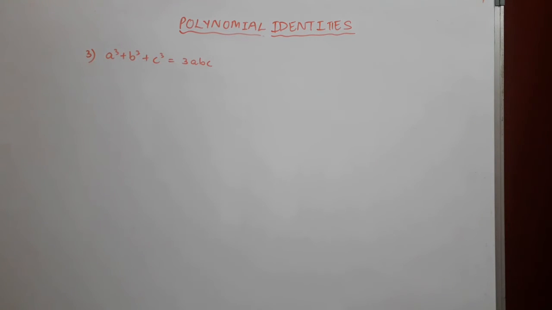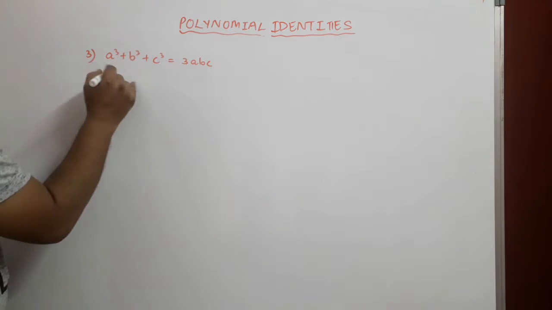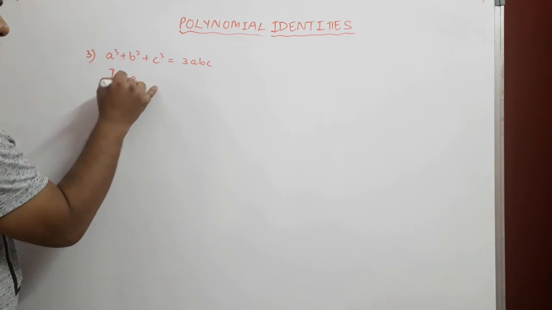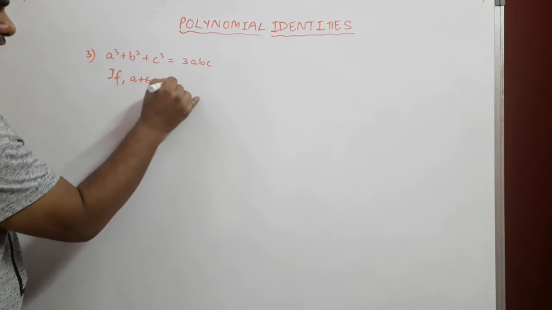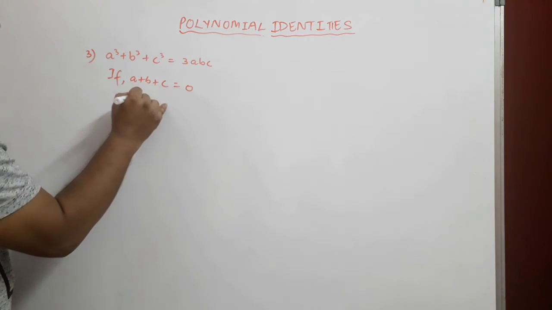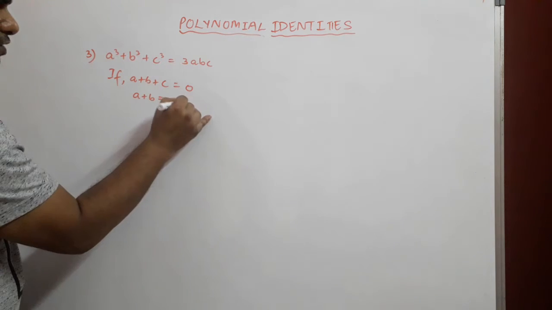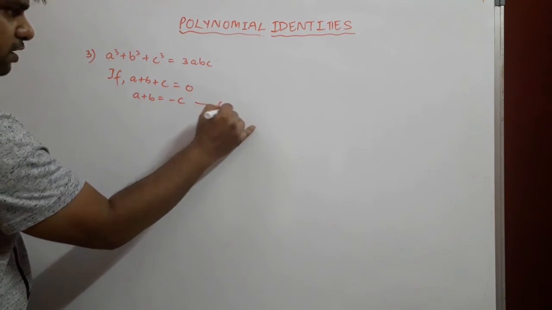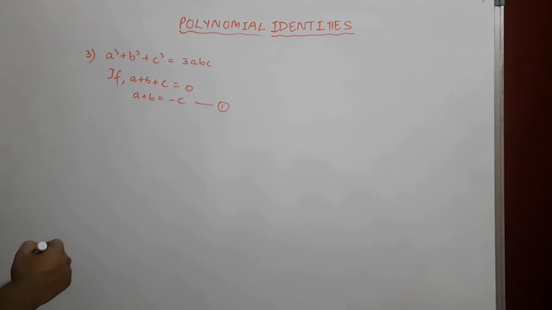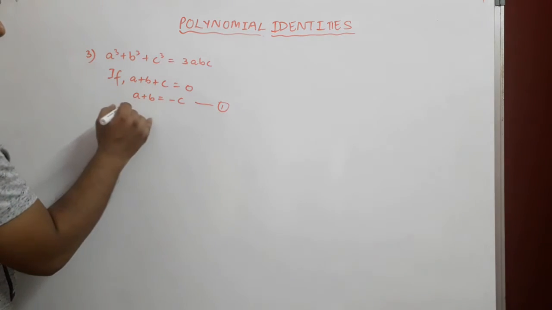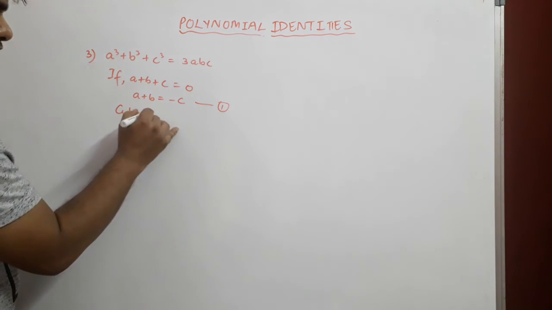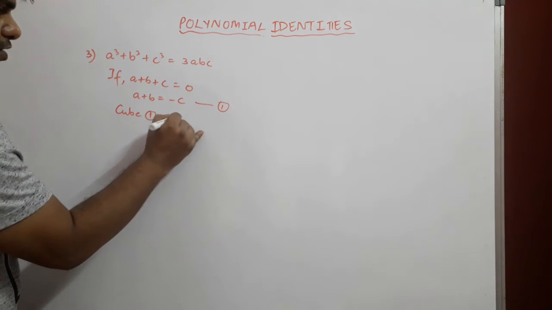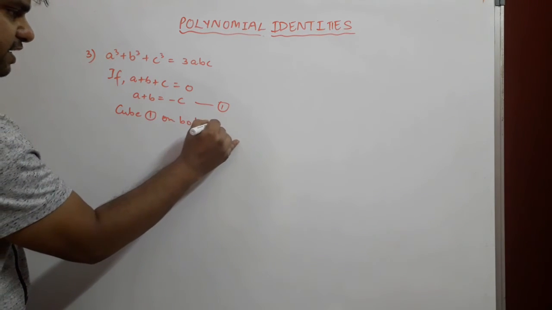So the final identity says a cube plus b cube plus c cube is equal to 3abc, when a plus b plus c is equal to 0. So if we take a plus b plus c equal to 0, we can write a plus b is equal to minus c. Let's take this as 1. Now the next thing we need to do is cube 1 on both sides.